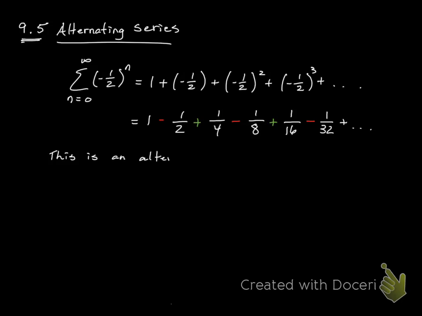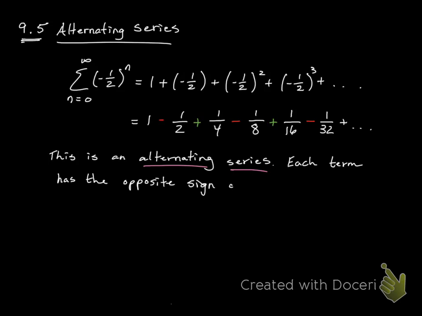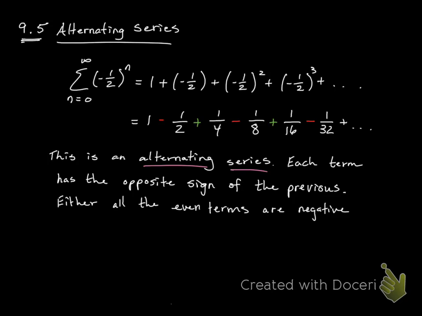Okay, and all it is just when each term has the opposite sign of the previous. So when I keep going out term by term, I should see signs alternate, and that means that all the even terms are positive or negative, vice versa, or all of the odd terms are negative.